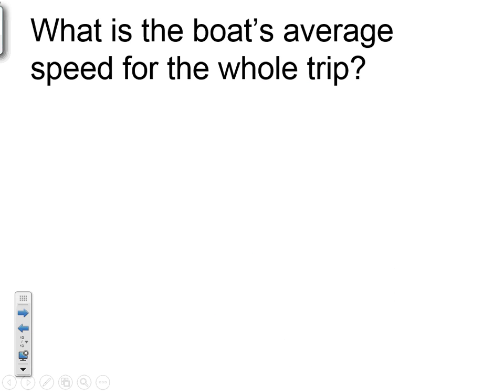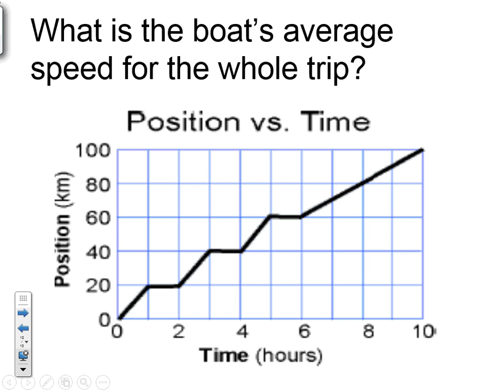What is the boat's average speed for the whole trip? So we have to break this up a little bit. Let's call this A, this part B, this part C, and this part D. If we want to look at the whole trip, notice the total distance, that's our final distance, is 100 meters.